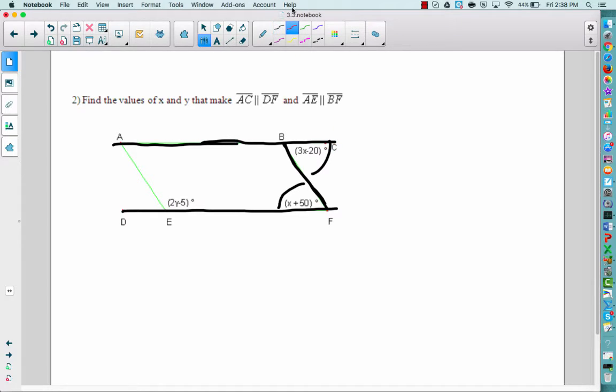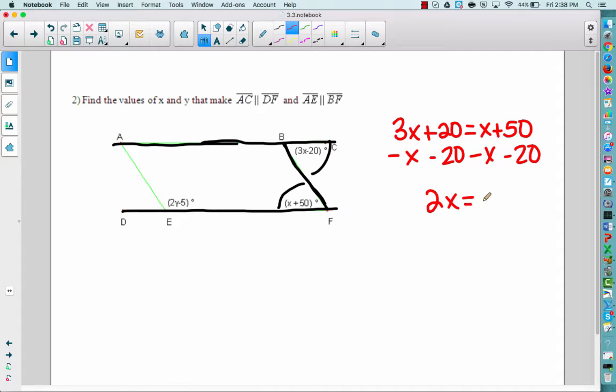To make them congruent, I set them equal. So 3x plus 20 equals x plus 50. I'm going to subtract x and subtract 20, and I'll get 2x equals 30, and x equals 15. So if x is 15, then these two angles are congruent, and therefore the lines are parallel.